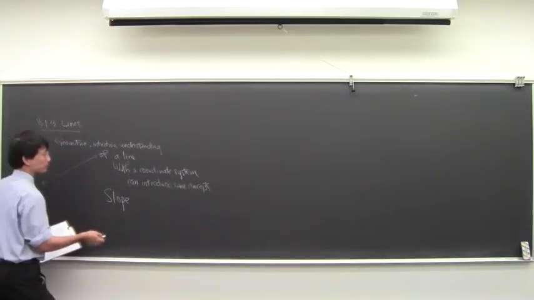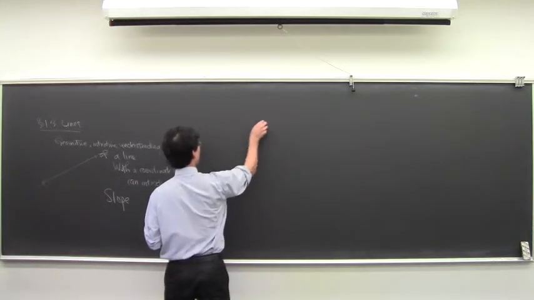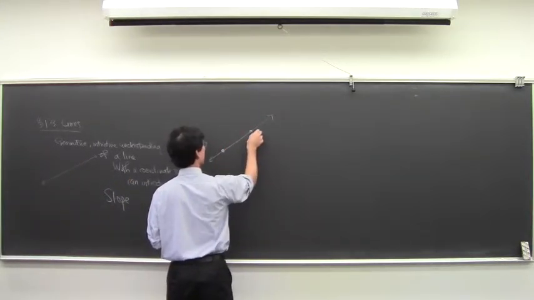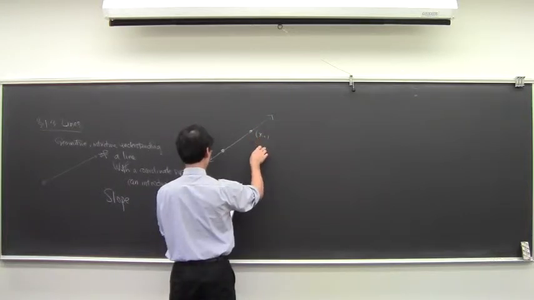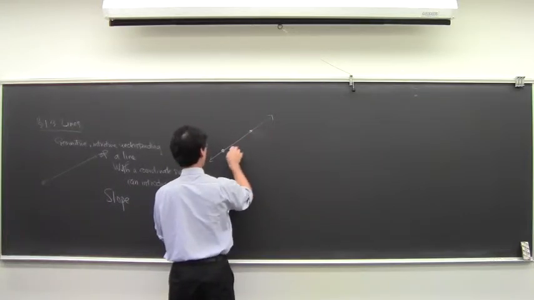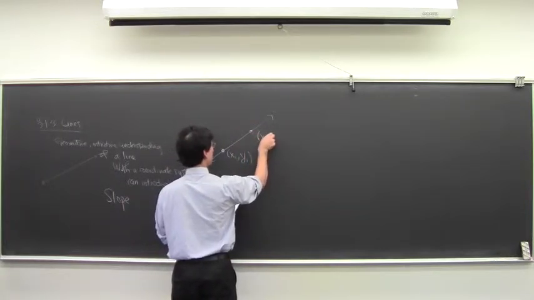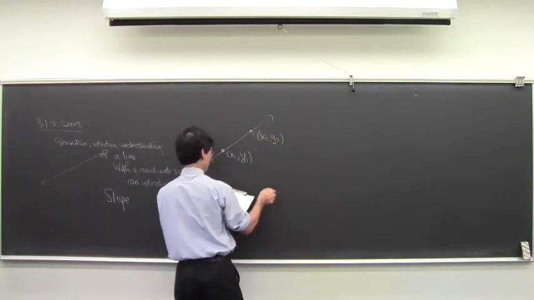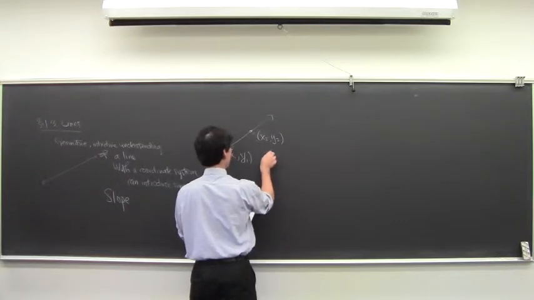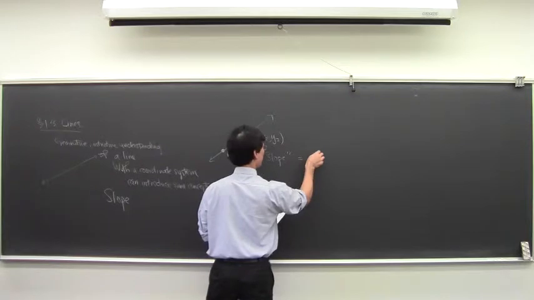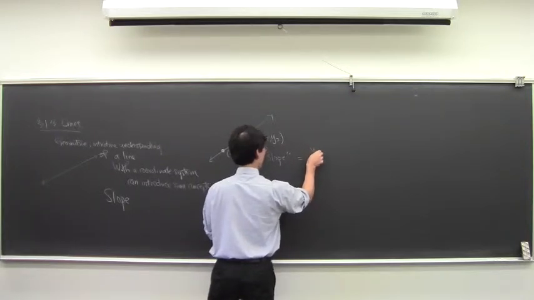So, how do you define a slope of a line? You have some line, and you take 2 points on it. You say, okay, I've got these 2 points, x1, y1, x2, y2. And what we call the slope is defined to be the difference in the y values.